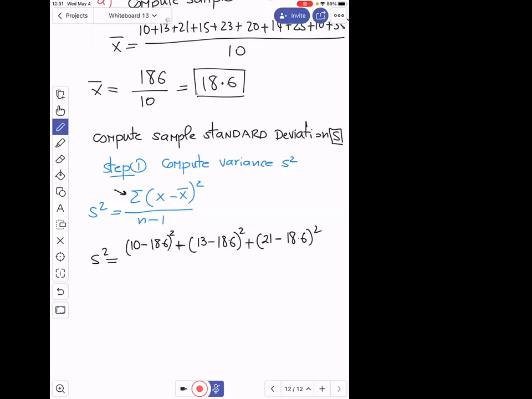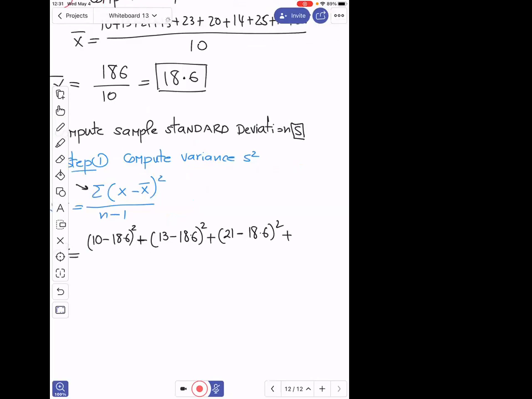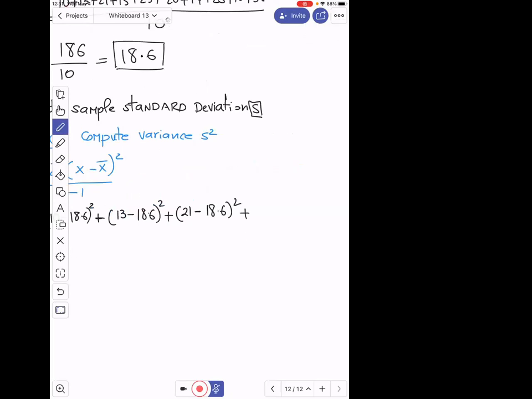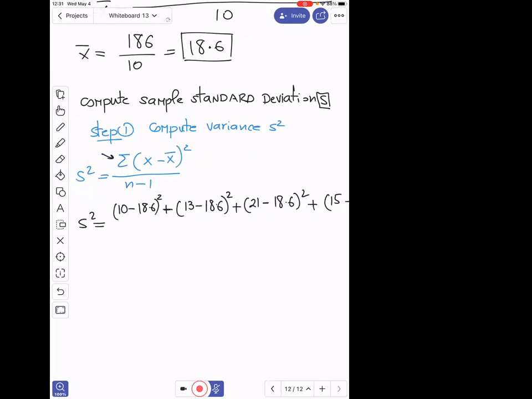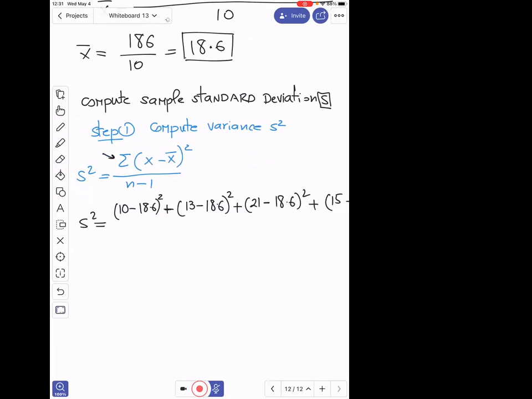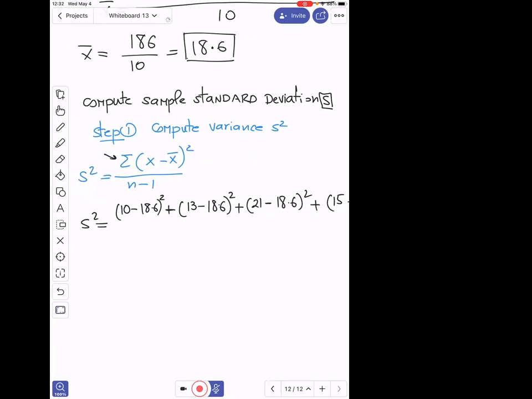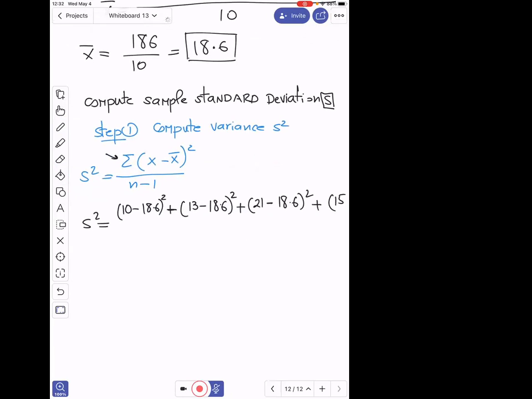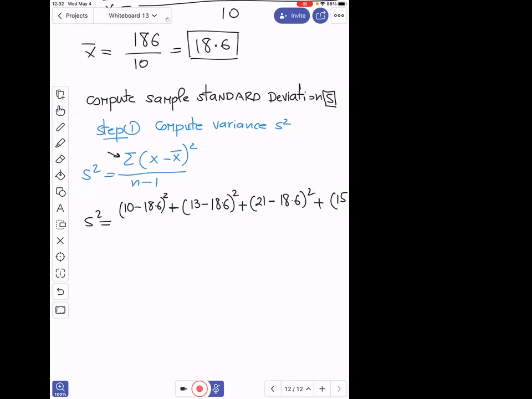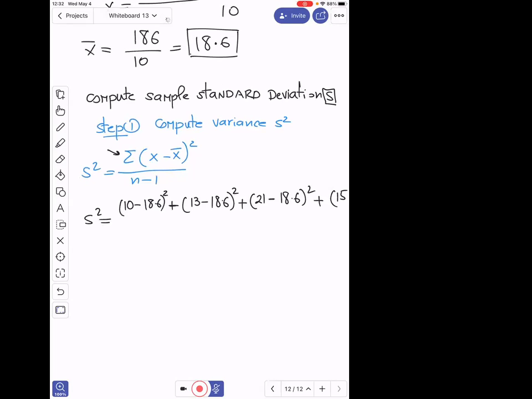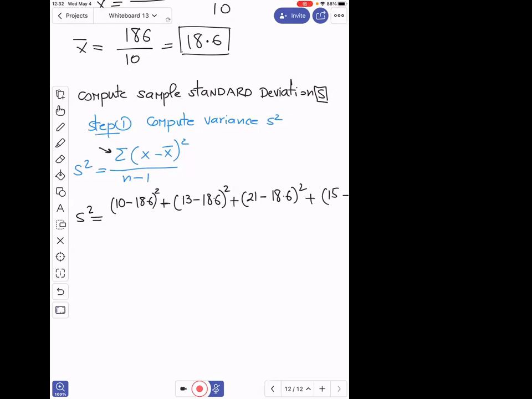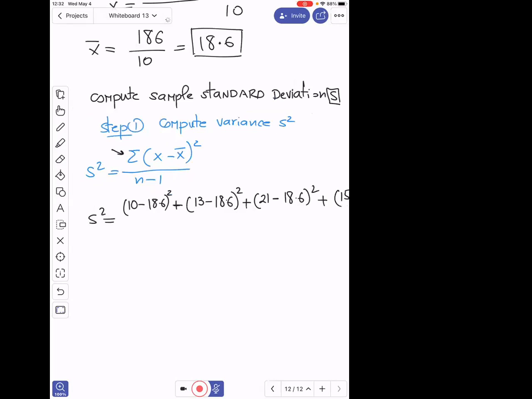Well, I don't have enough space here. I mean, of course I can continue. So 21, next we have 15. Can I ask you a question, Professor? Yeah, please. When I did mine, I have X minus X bar squared, and for instance, 4 minus 5.8 equals negative 1.8. And then next to it, I have negative 1.8 squared equals 3.24.